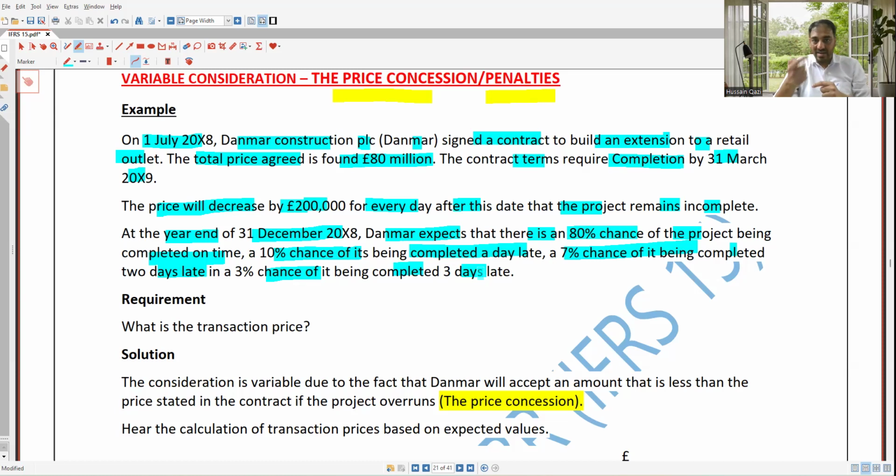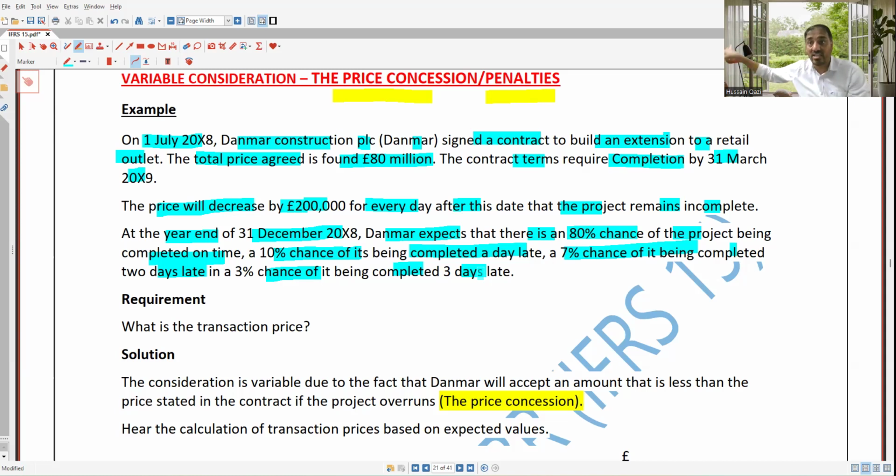First thing is to pick price concession penalty as variable. Number 2, need to decide should we incorporate this variable concession with transaction price. So the answer is that there are multiple chances. 80% chance that the project is completed on time, but the remaining 20%, 10, 7, 3, is a chance of being delayed.